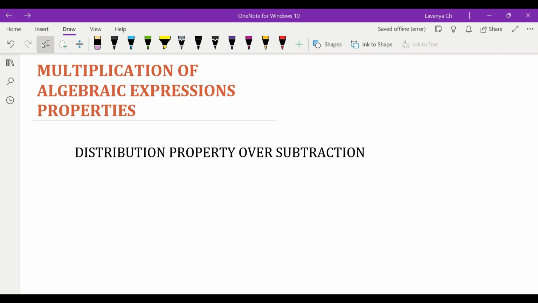Next is the distributive property over subtraction, which means that when we have a into (b minus c), this would be equal to ab minus ac. For this also, let us take another example. Consider 2x as one monomial, then 3x and minus 2y as the last monomial.